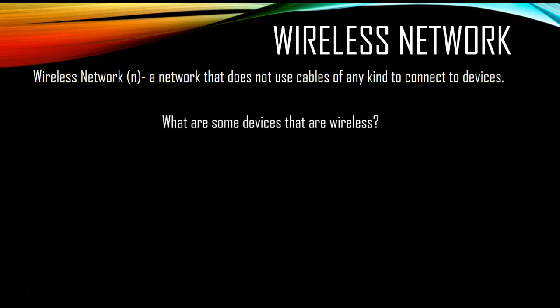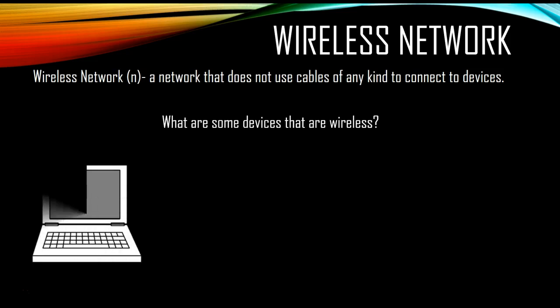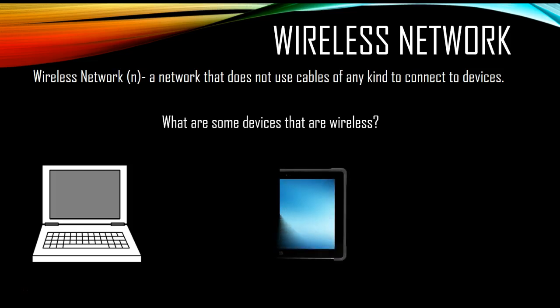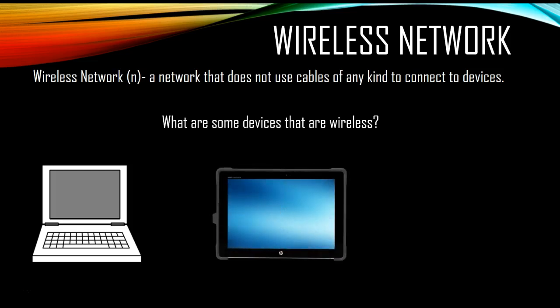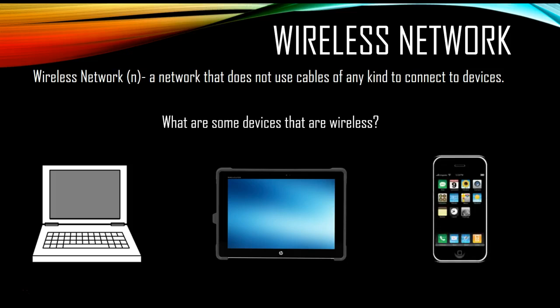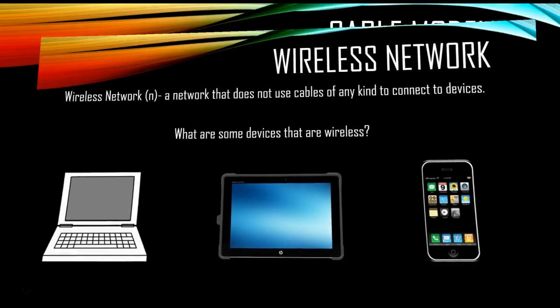What are some wireless devices that you use? We use our computers or our Chromebooks. That's correct. We can use them at home, at school, wherever. We use our tablets. That's another one. Yes. And we use our cell phones. While there's many other wireless devices, wireless has pretty much taken over lately, and we use them in our everyday lives. So we are very thankful to have a wireless network.